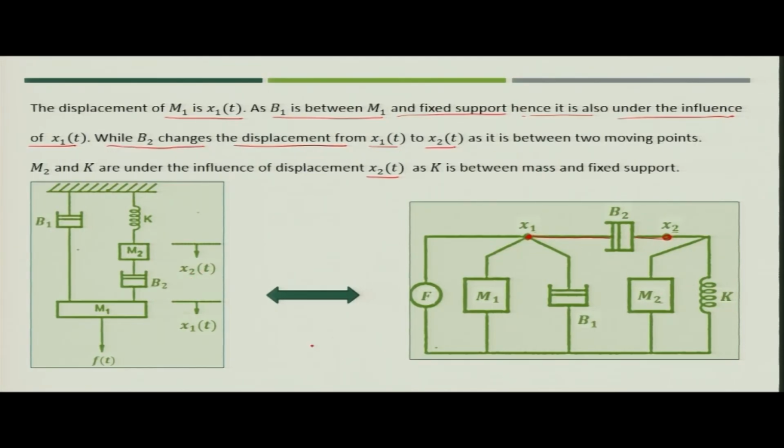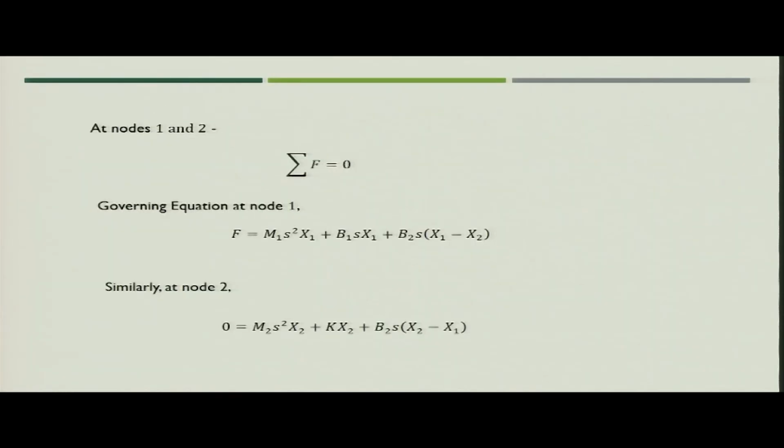Now, this mechanical system which we saw in the example has been converted into the equivalent node representation of the mechanical system. Now, we will say that at nodes 1 and 2 the sum of the forces should be equal to 0.